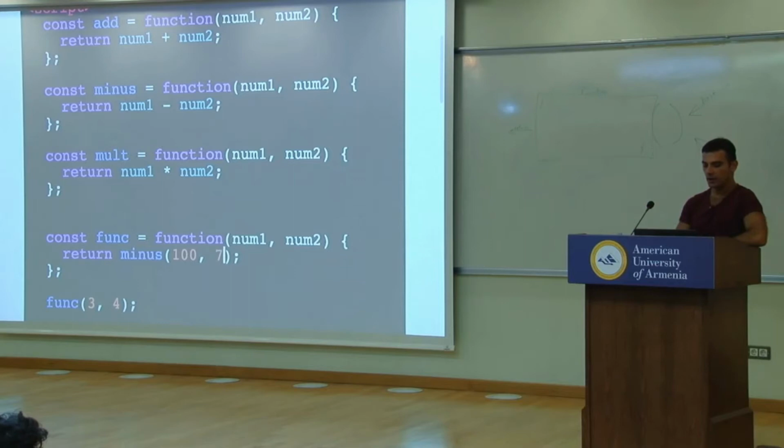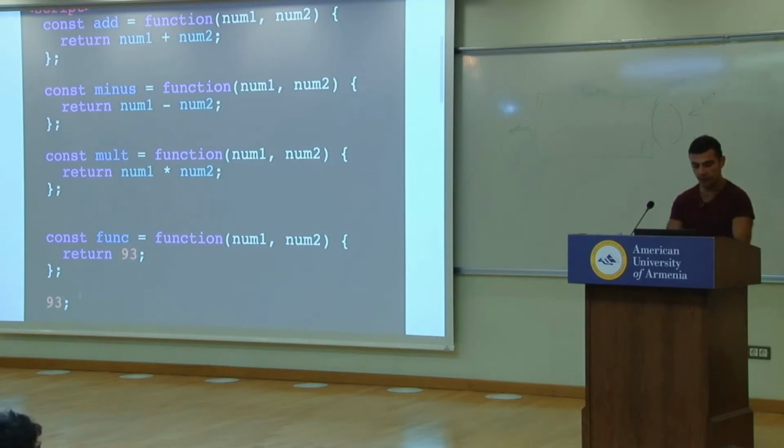Okay. Then what is the result of running this function? 93. Return is the thing that pops out of this function. Make sense?